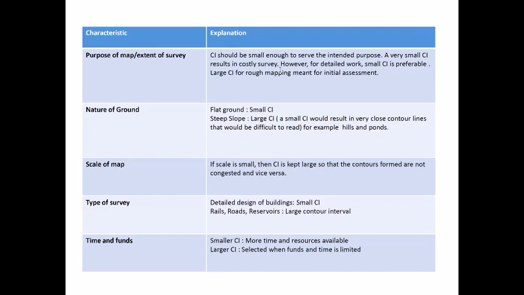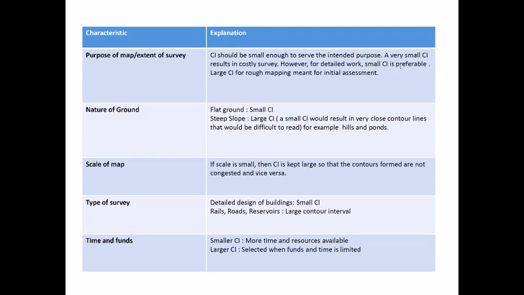So you have to balance the cost and benefit: what the purpose of the map is, and how much I am willing to spend on the map. Because if I choose a small contour interval, as compared to 20 meters, say 2 meters, the amount of work that I'll have to do will be a lot. However, for detailed work, a small contour interval is preferable.